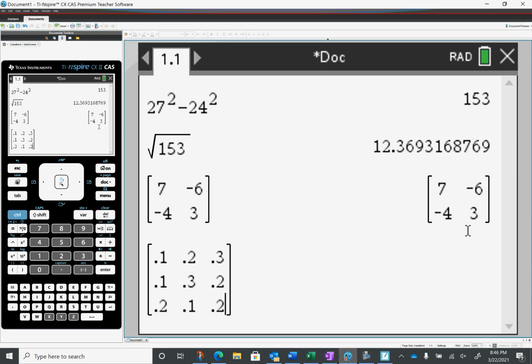Okay, so again, you create your matrix. Matrix C here is a 3 by 3. Type all of those things in, hit tab one more time, and now I know I'm outside the matrix. And I want to go ahead and control variable, store this as matrix C.